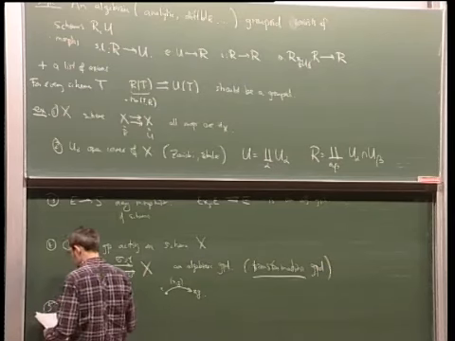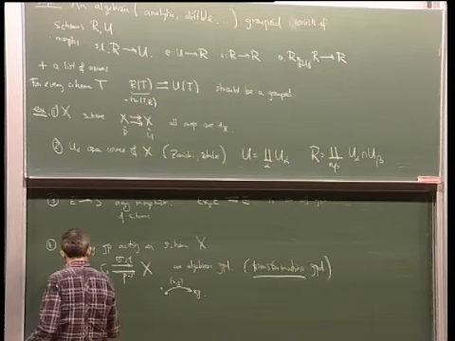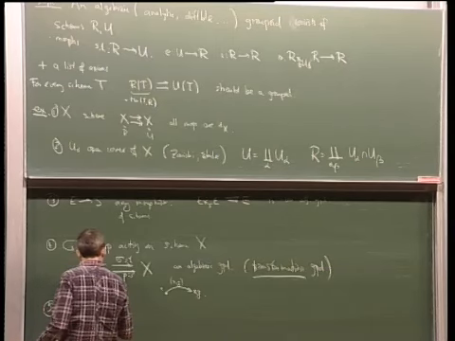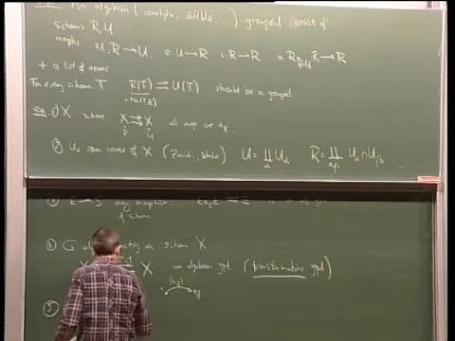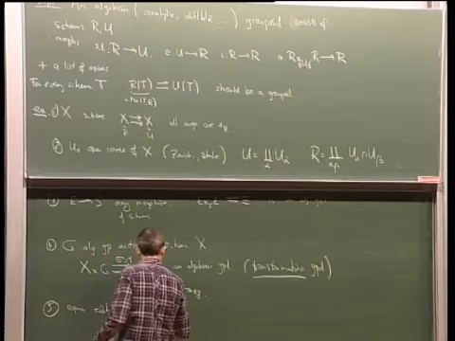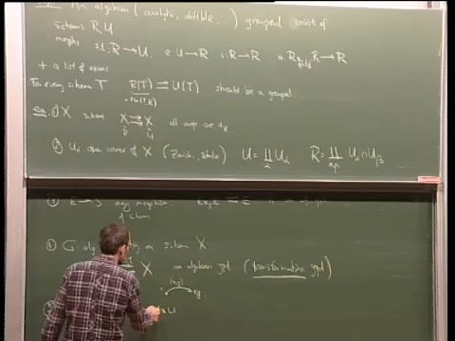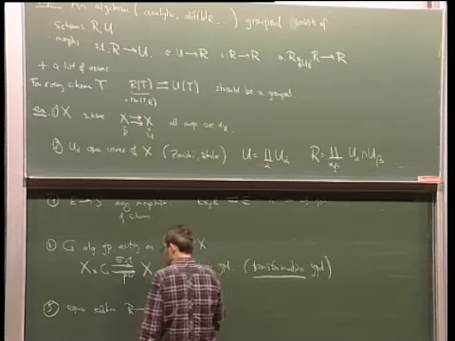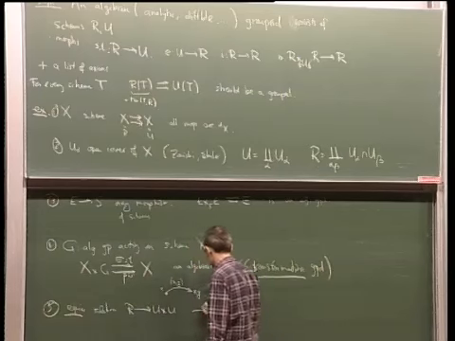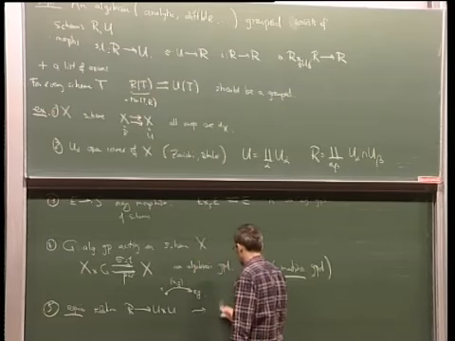And the last example is an equivalence relation. So R is a scheme mapping to U cross U. And if this is an equivalence relation, then we get an algebraic groupoid.